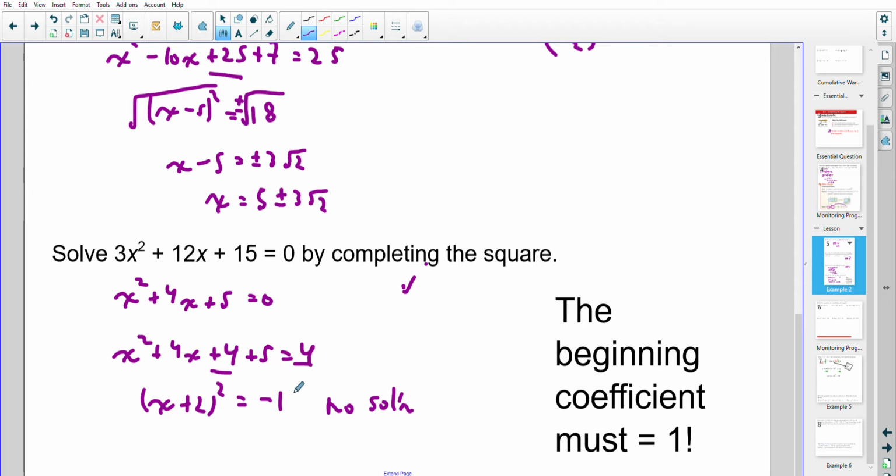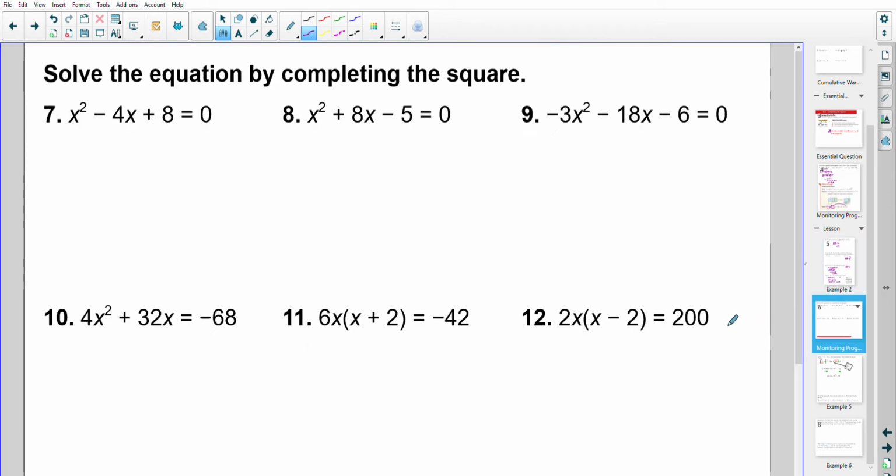All right, so let's do one more. If you have a situation like this, first thing that I would do is divide both sides by 6 to make it easier to work with. So you have x times x plus 2 equals -7. X squared plus 2x.